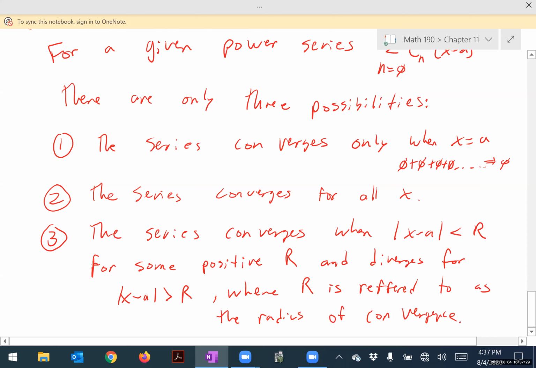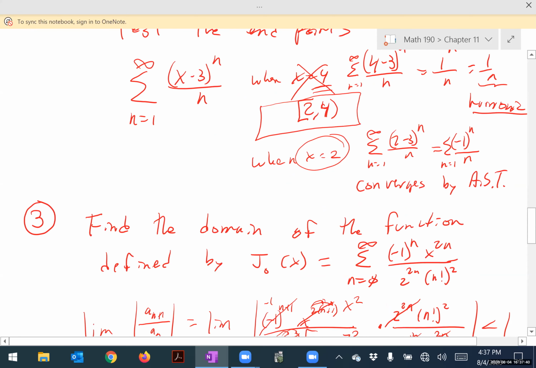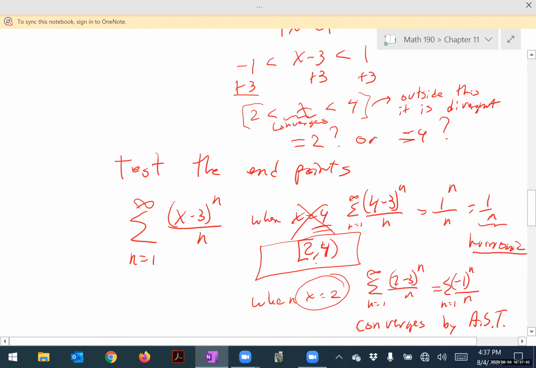In the one that we did before, I think this was example 2, the radius of convergence was 1. Why? Because if you think of it as a radius on a number line, you've got your 3 here, 4 here, and 2 here.